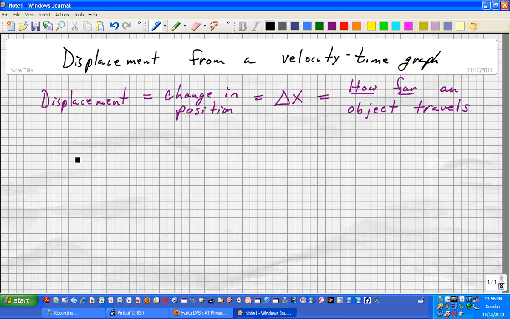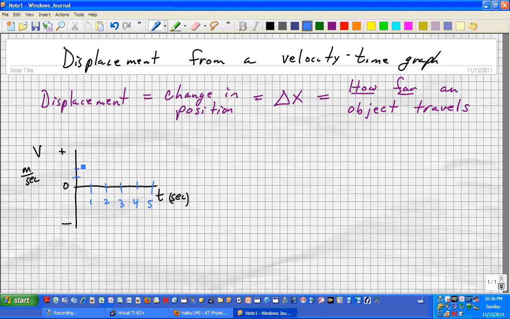What we've seen before is we've taken a velocity time graph, and this is in meters per second, and this is time in seconds. And let's do this for something like, say, 1, 2, 3, 4, 5 seconds.